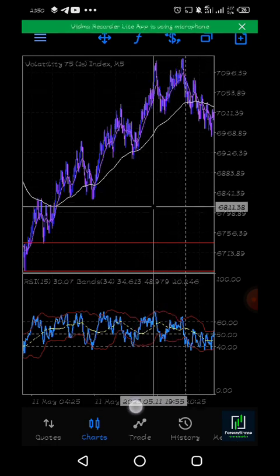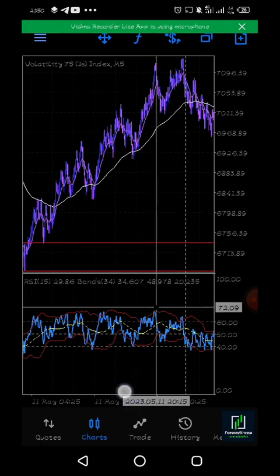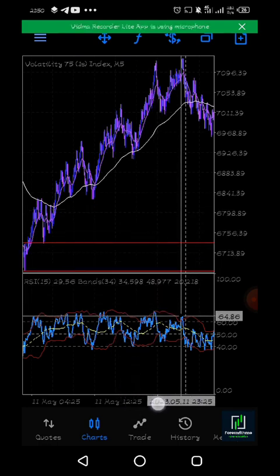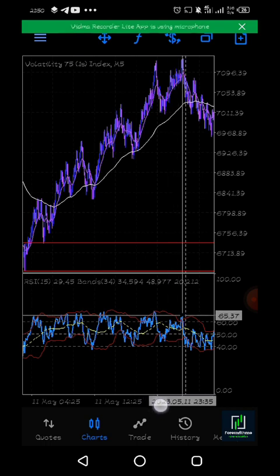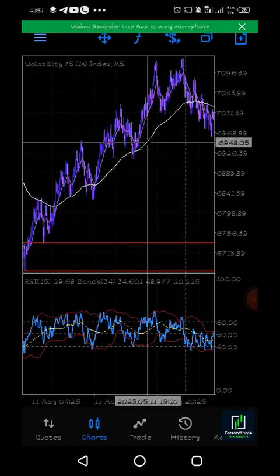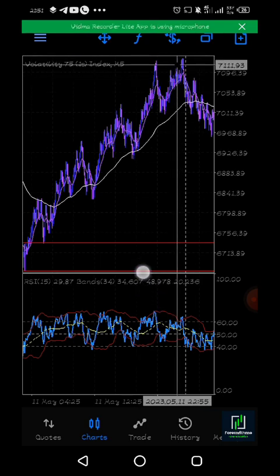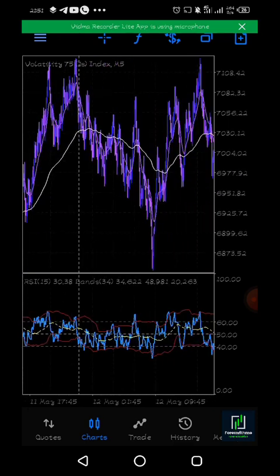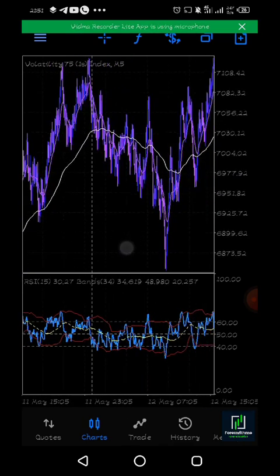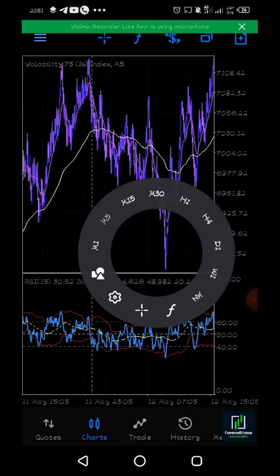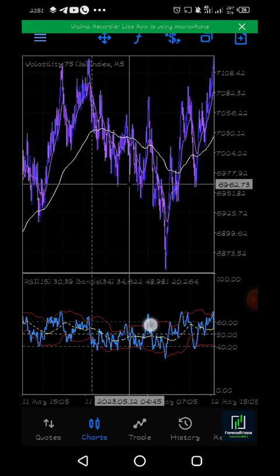And with that, you can see there was another divergence here, which shows that market has a lower low here, and a lower high here, and market has a higher high in the main chart. So immediately market does that, see what happens. It pulls all the way to the downside.